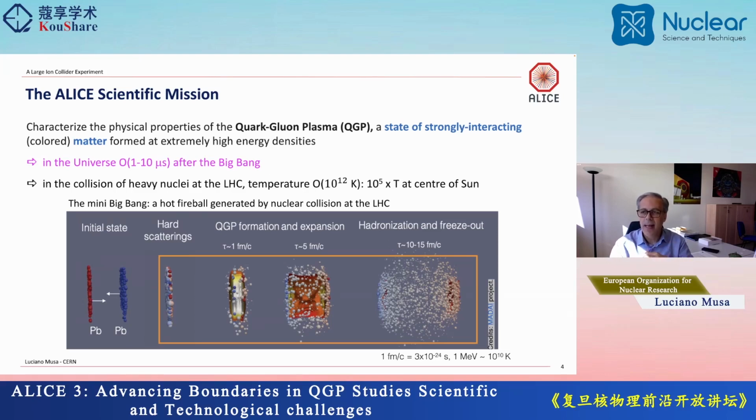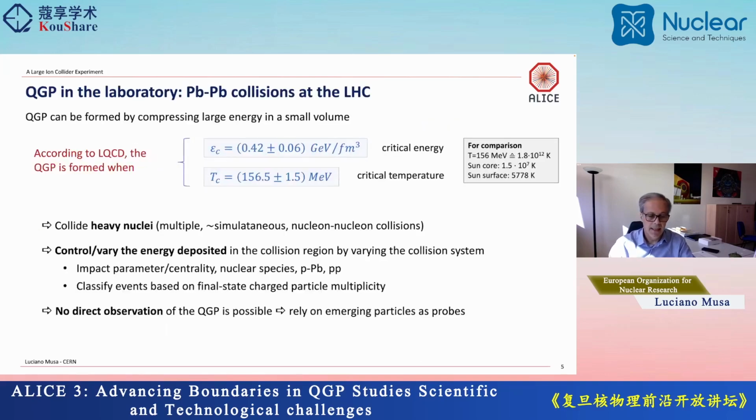They continue to interact till a certain point where the system is so diluted that there is no momentum exchange anymore, and then the kinetic freeze out, and then the particles fly out in all possible directions, reaching our detectors.